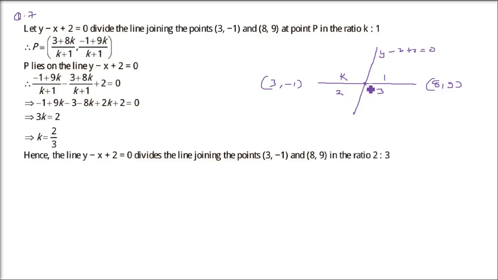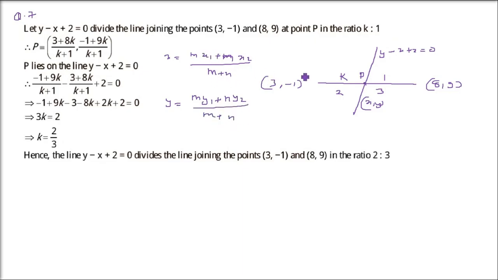So let me write the formula, section formula, and this type of question is coming later also. So you have to be very careful and look very closely at this section formula. x equals mx1 plus nx2 by m plus n, and y will be equal to my1 plus ny2 by m plus n.